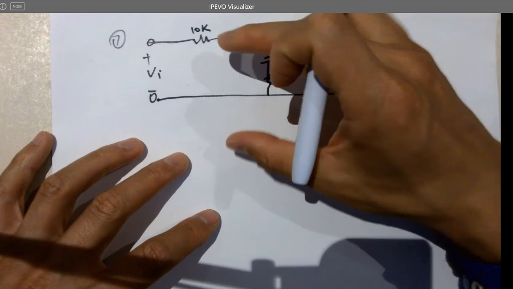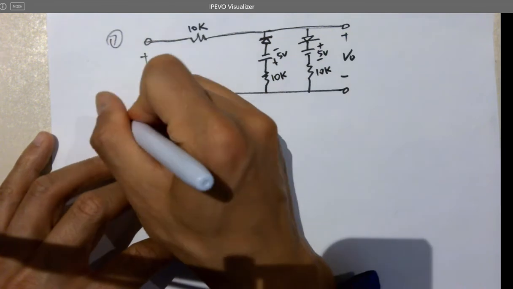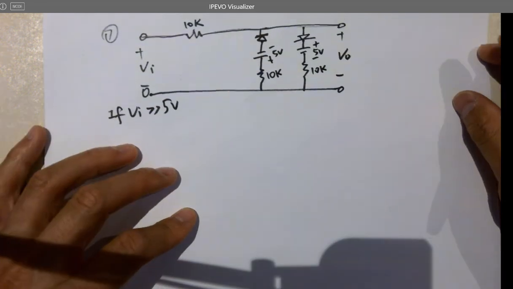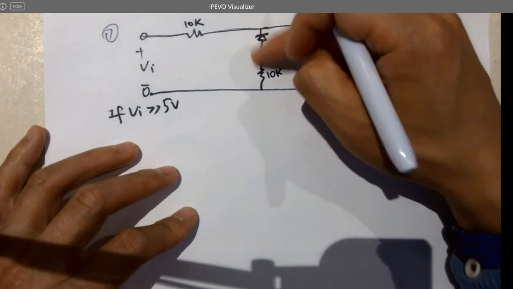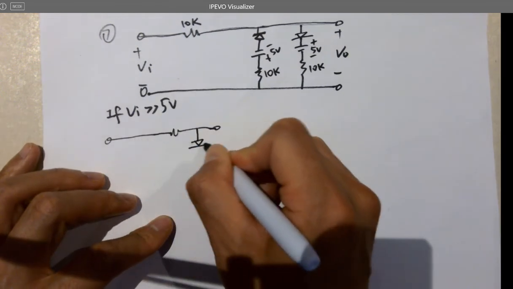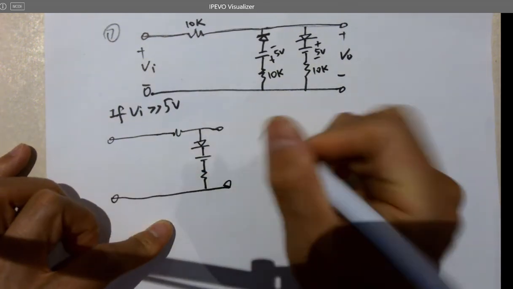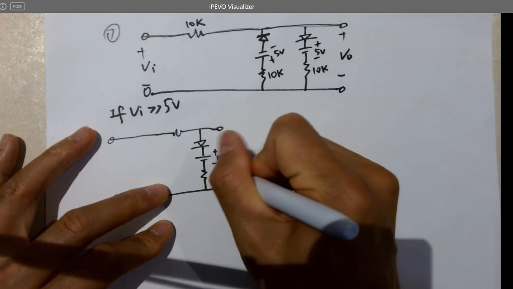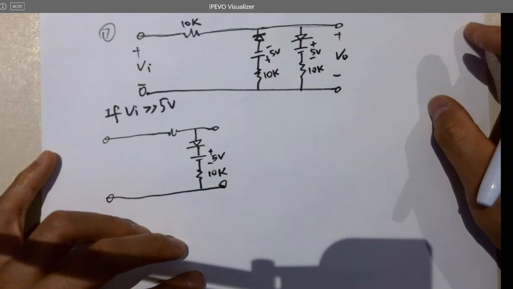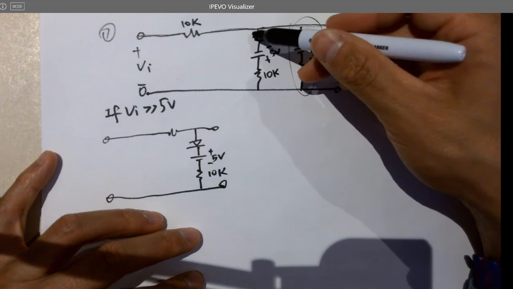So if VI is larger than 5 volts, definitely still nothing here, so the circuit becomes this. Only this one exists because only this one conducts current. This one is being blocked.